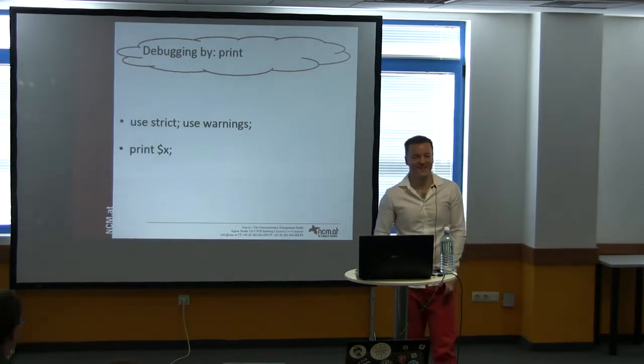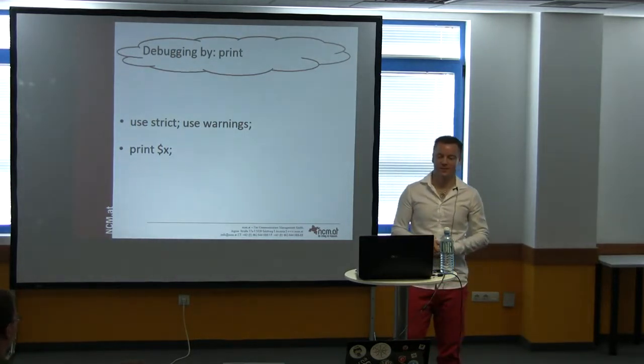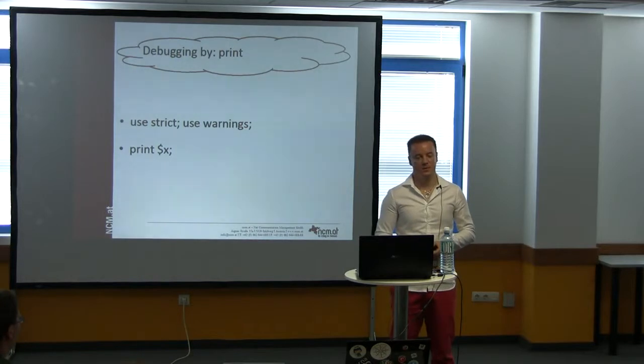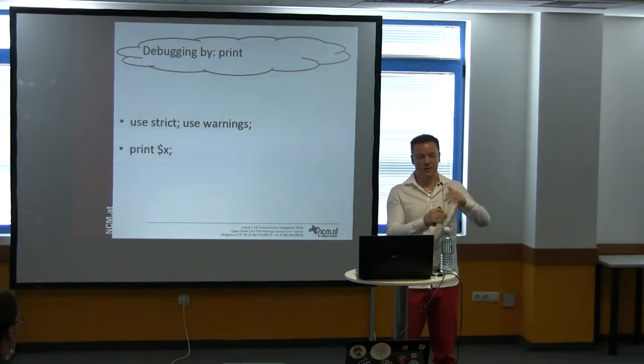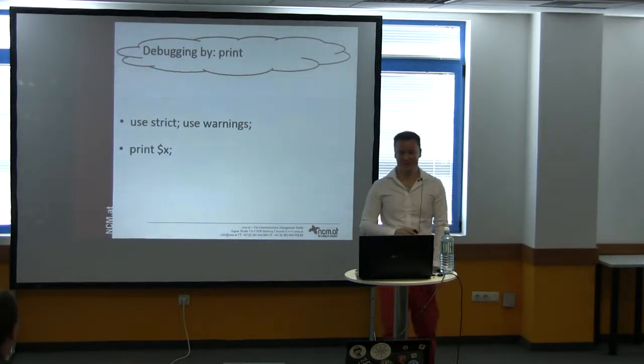Sometimes you don't need use strict or warnings if it's just a few lines of code and you really know what you're doing. But more than 5 lines, use strict.